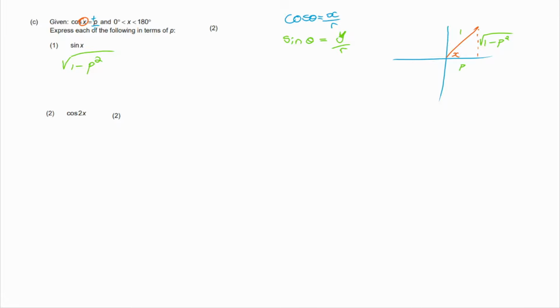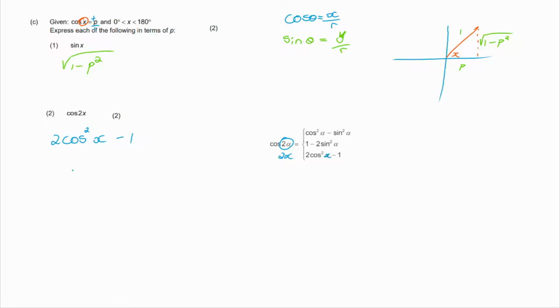Then for this next question, cos of 2x, here we're dealing with angle x, so we need to change this cos 2x to something that deals with angle x. We can rewrite this as 2 cos squared of x minus 1, using one of these formulas, because here we have 2x and we want to change that to just angle x, because we know what cos x is but we don't know what cos 2x is.